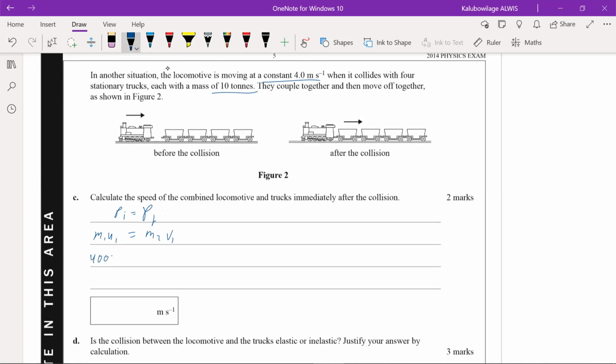The engine is again 40,000, going at 4 meters a second, and the total mass is 80,000. And V1 comes to 2 meters per second.